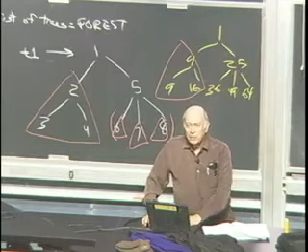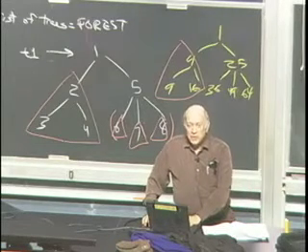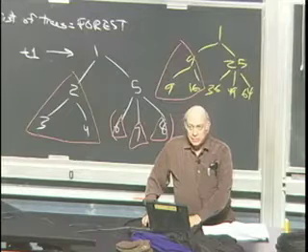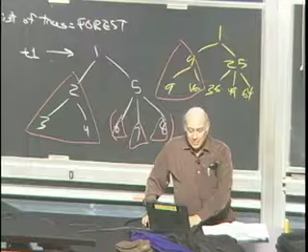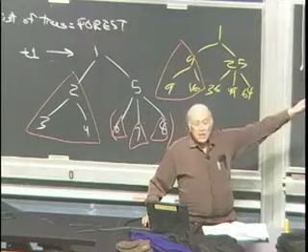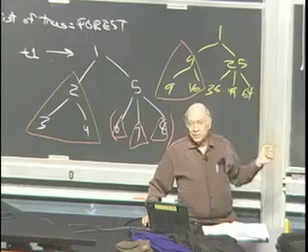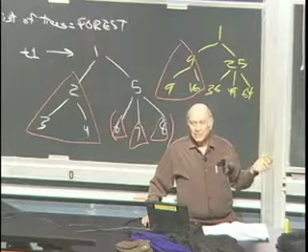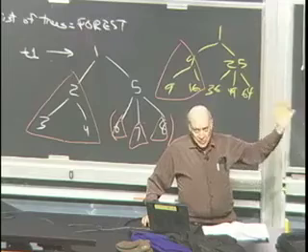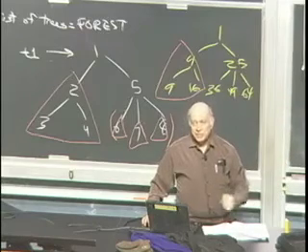Why do we call car for a forest? Because a forest isn't a tree. A forest is a list of trees. So I wouldn't say datum of forest, because car of forest is a tree. But forest itself is not a tree, so it's okay to take its car and its cdr.